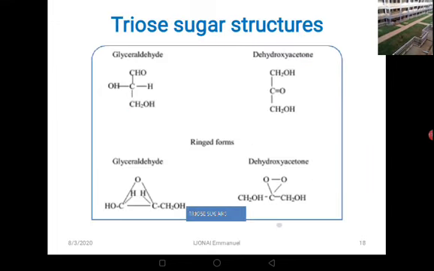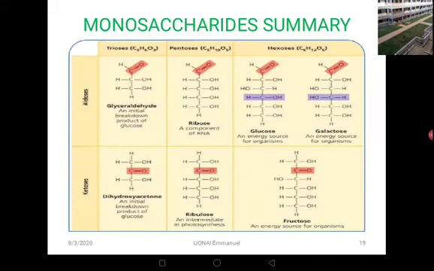You can see there the different structures of the triose sugars. The glyceraldehyde chain form and the dihydroxyacetone chain form look like that. They all have 3 carbon atoms. And then you also look at the ring forms there, the rings of both. You'll see that they are slightly different. So those are the structures.